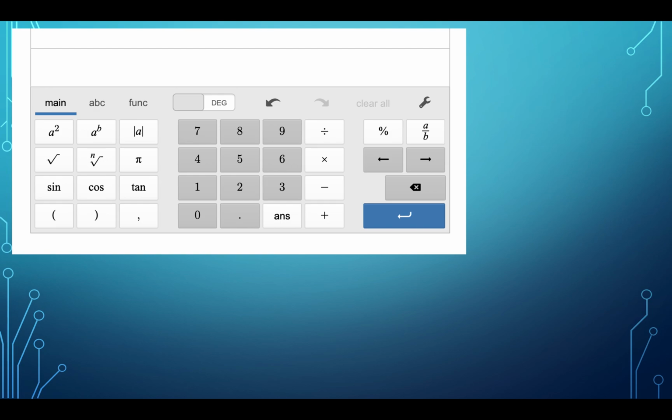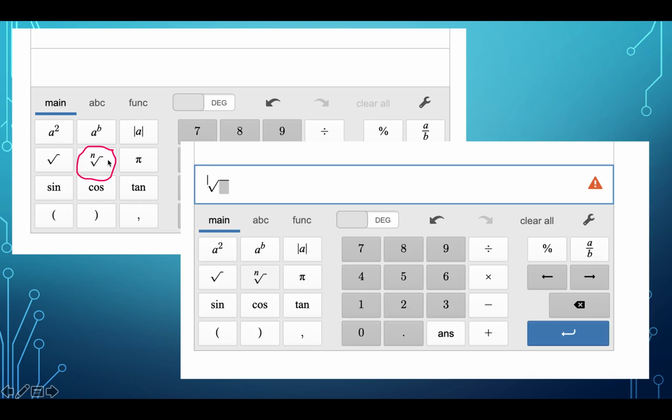Or I'm going to provide this link. It's through Desmos, and it's their scientific calculator. This is only for when you're at home, because in class during a quiz you wouldn't have access to Desmos. What you would do at home is hit this button over here, the n with the square root symbol.